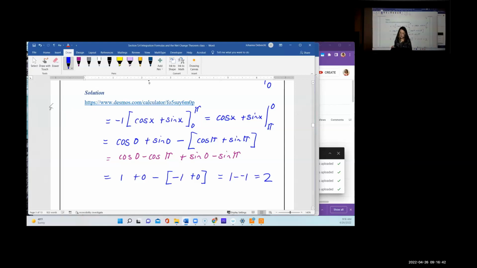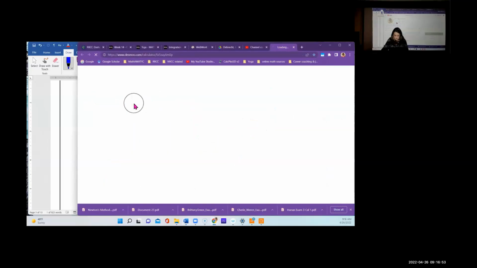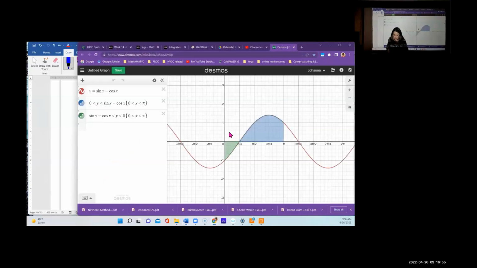Right? Now, let's take a look at the link that I have here and see what that looks like. All right, so when we're looking at the graph, this is the graph of sine x minus cosine x. And when it says 2, what it's talking about is actually making a grid that fits from 0 to 1 on the y and 0 to 1 on the x.